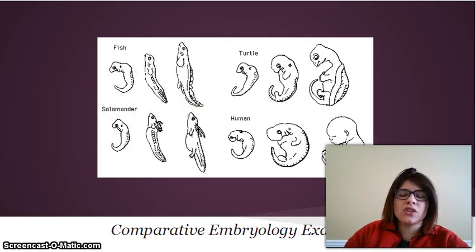And as you grow, you lose that tail and you lose those slits and you become who you are today. But the fish uses that tail, it develops into its fins, and those slits develop into its gills. So we can see, based on this embryology, that we are very similar in our ancestry.